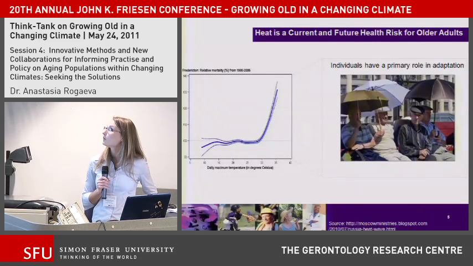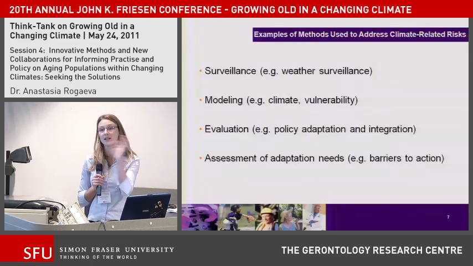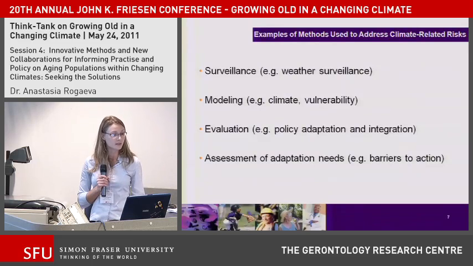The next topic that I wanted to talk to you about is the methods that are available to us. They were mentioned here and there throughout the talks that I heard earlier, but I just wanted to bring it all together and highlight that surveillance is very important for us to be able to adapt to climate-related risks. For extreme heat events, we need weather surveillance, as well as mortality and morbidity surveillance.